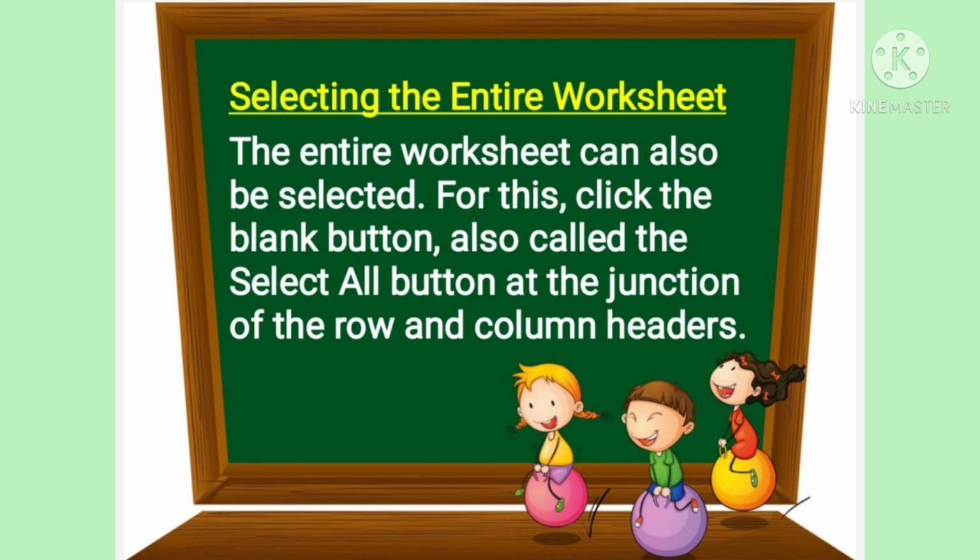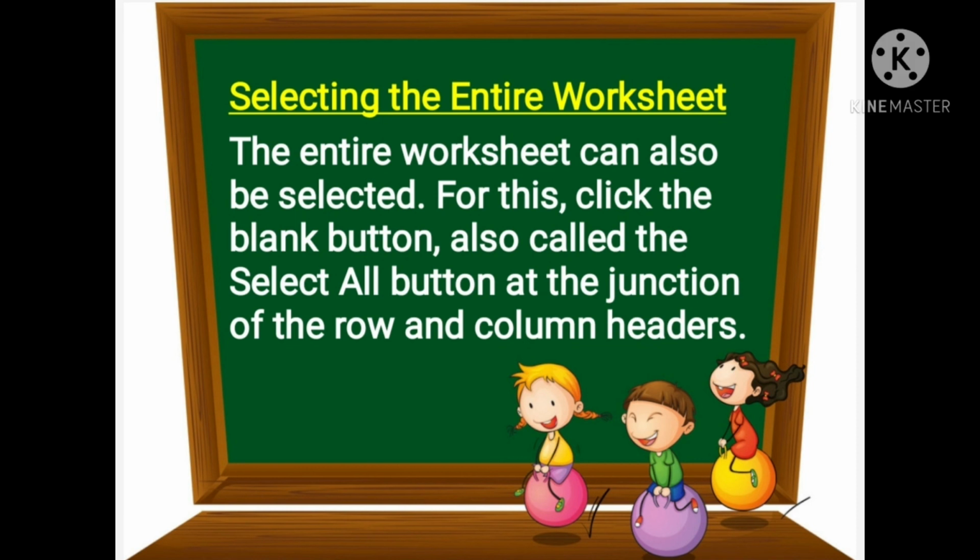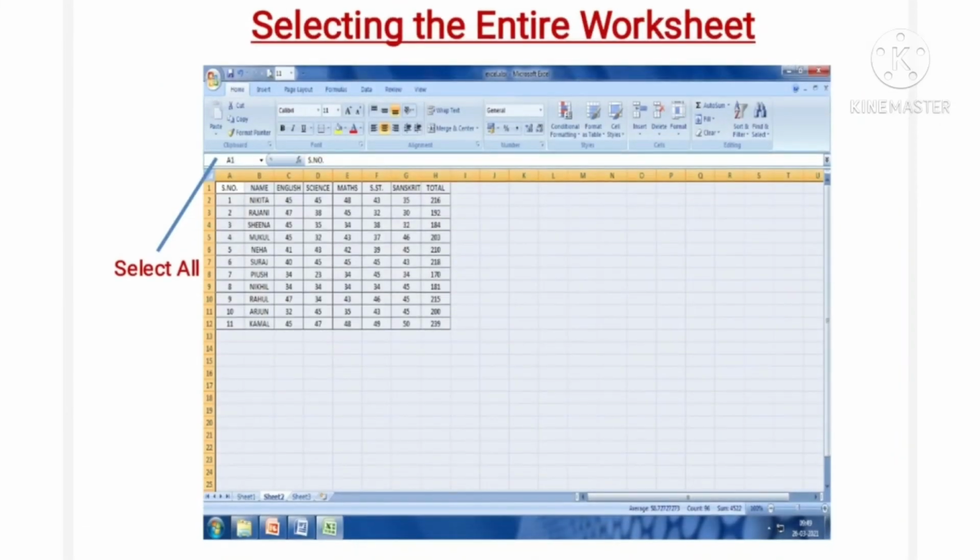This is how we can select the entire worksheet. In this image, we can see the Select All button at the junction of the row and column headers, which will help us to select the entire worksheet.